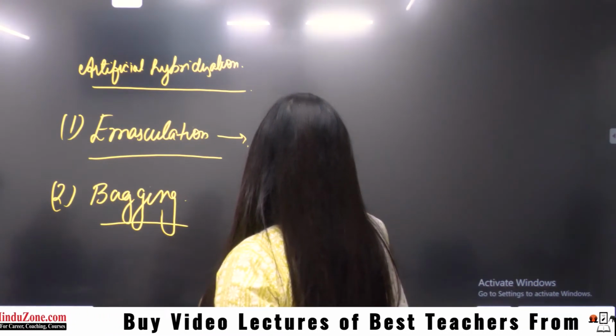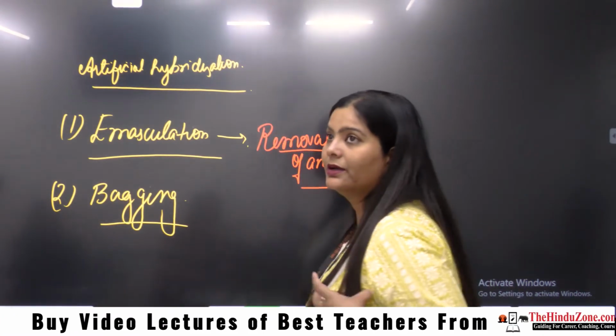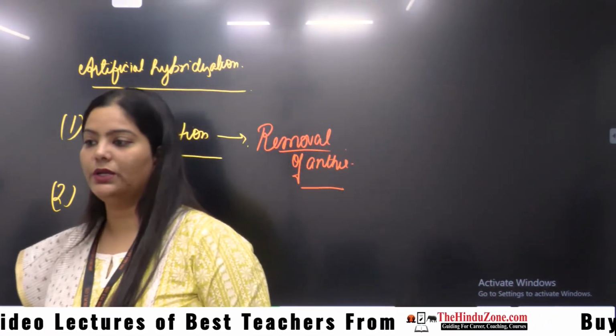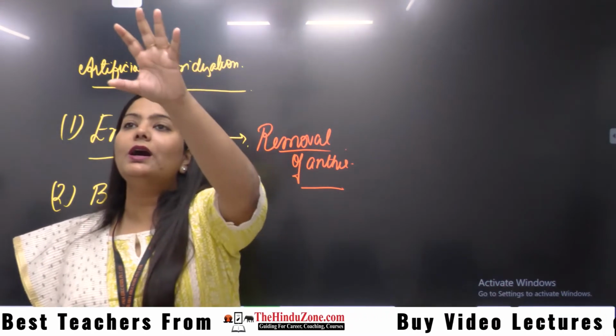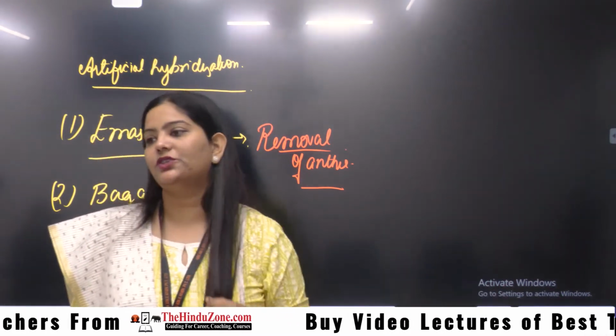तो suppose there is a flower which is bisexual, ठीक है, and they want to do an artificial hybridization for it.